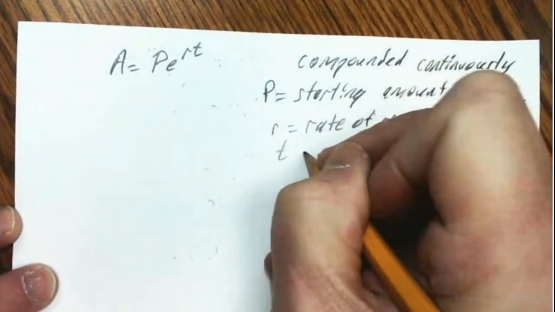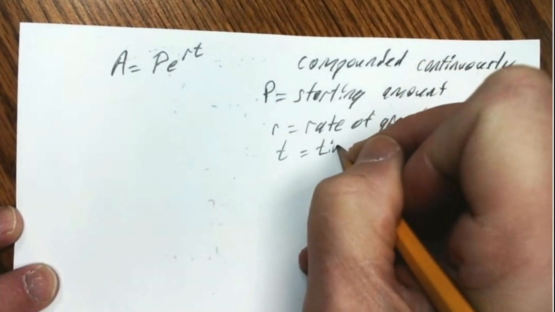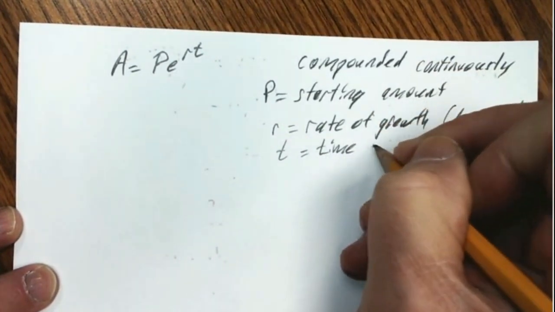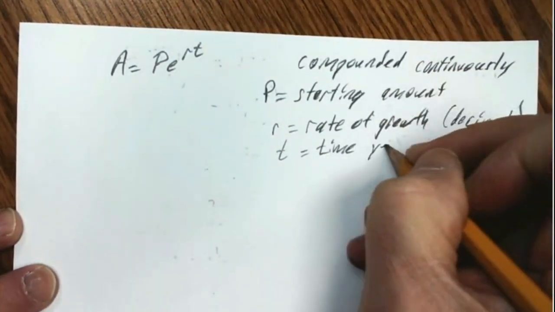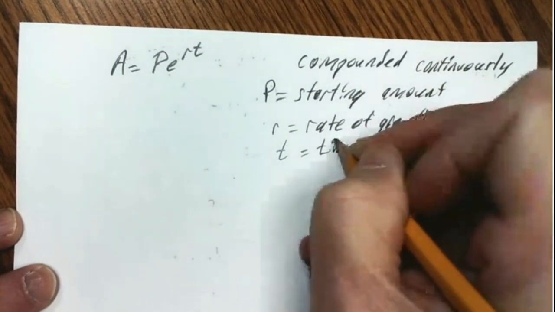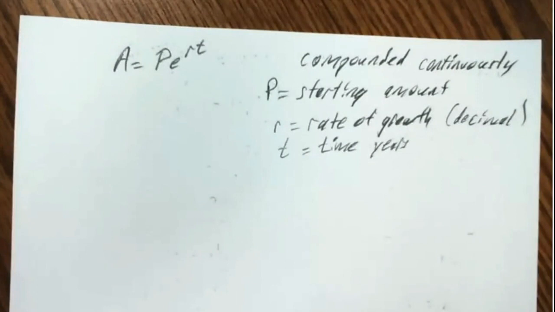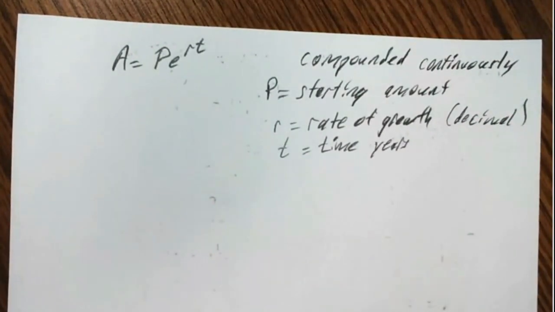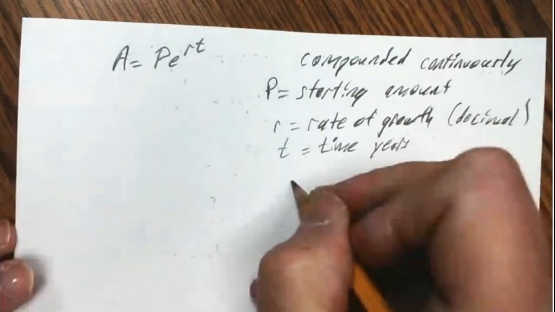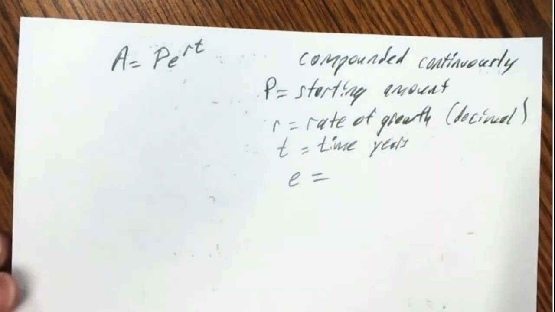And T is time, usually in years or whatever it is. So you're like, what's E? E's a number. You're like, what? No, it's not a variable. E is actually a number. What is E equal to?